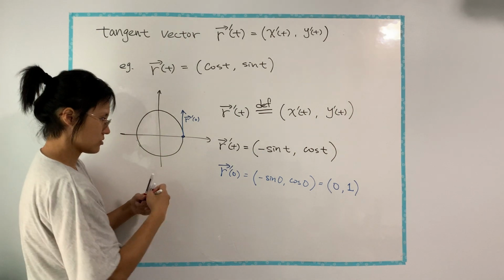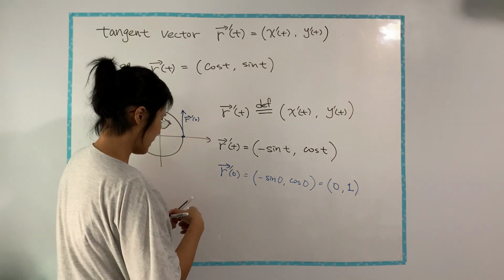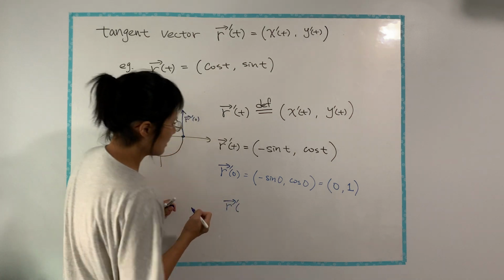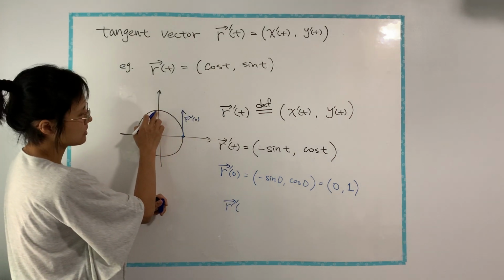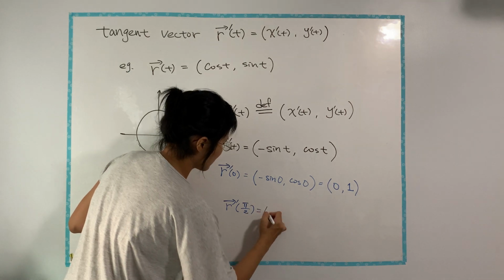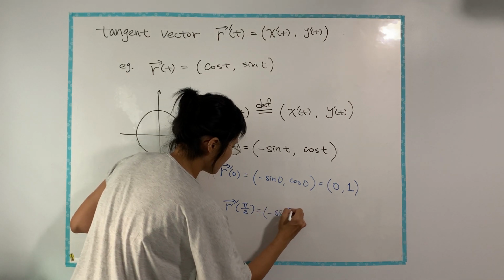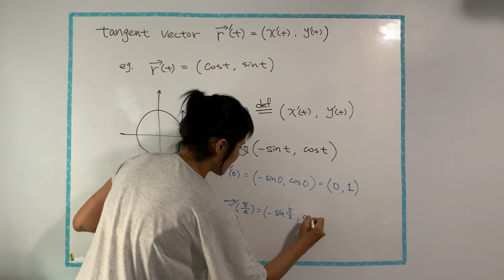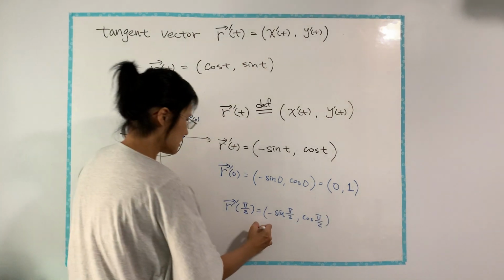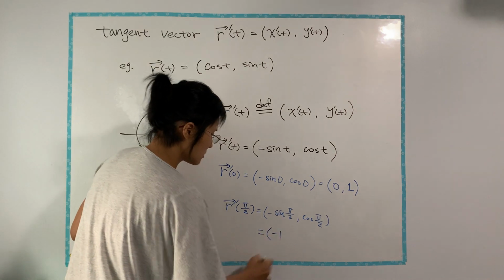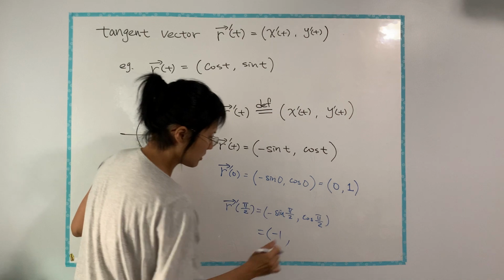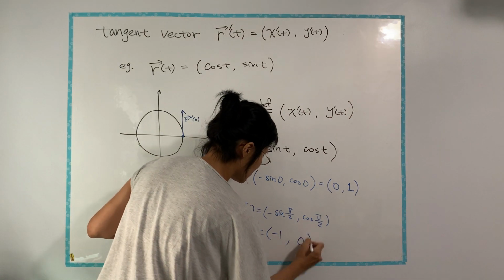Okay, so let's do one more. If I look at r prime of, let's check this point, that's where t equals a half pi. So I have minus sine of a half pi, cosine of a half pi. What is that? This is minus 1, 0, because sine of a half pi equals 1, and cosine of a half pi equals 0.